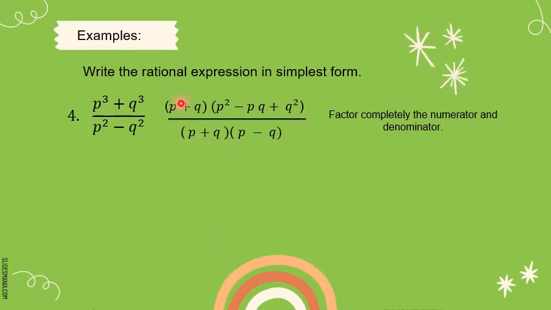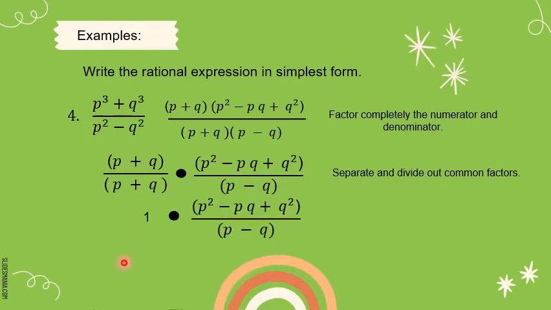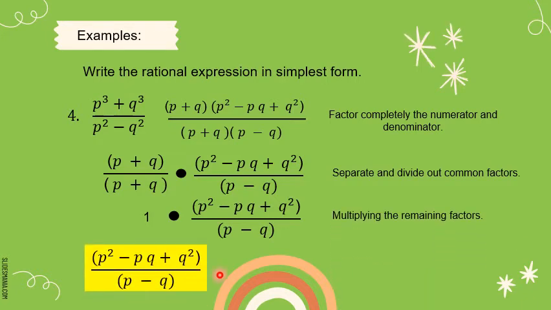As you can see, we have the same here, so just do step 2: separate and divide out common factors. This is a common factor, and here we'll just copy. Here the common factor becomes 1, and this is just copy. Then let's multiply, and that's the final answer.